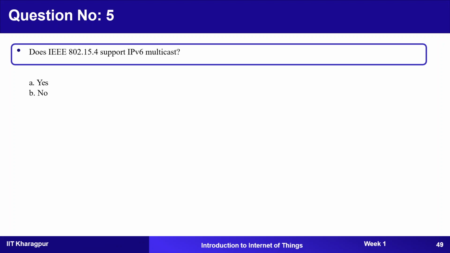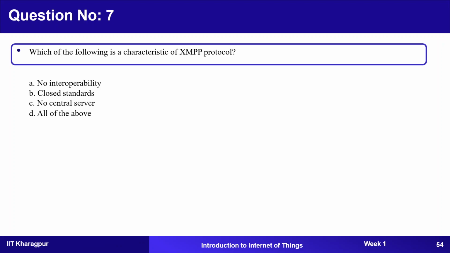Next question is, which of the following is a characteristic of XMPP protocol? Options are no interoperability, second option is closed standard, third one is no central server, fourth is all of the above. Anyone? No? Okay. So these are the features of your XMPP.